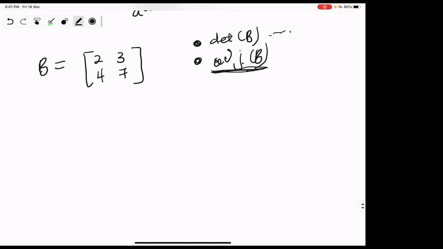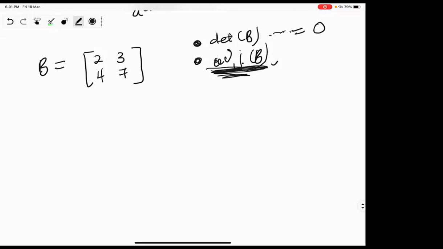So first of all, find the determinant. If it's a non-zero number, then you know the inverse will exist, so you go ahead and find the adjoint. But as soon as you find that the determinant is equal to 0, then you know that the inverse does not exist, and you don't worry about finding the adjoint.